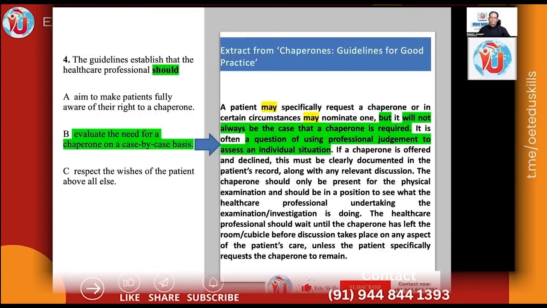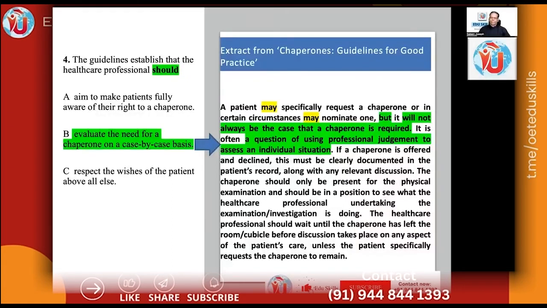If a chaperone is offered and declined, this must be clearly documented in the patient's record along with any relevant discussion. The chaperone should only be present for the physical examination and should be in a position to see what the healthcare professional undertaking the examination or investigation is doing.